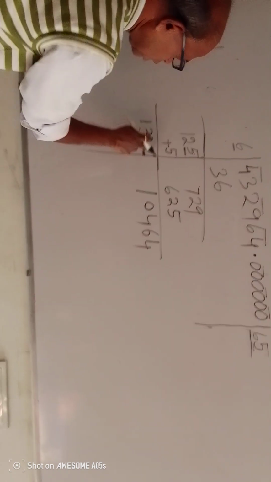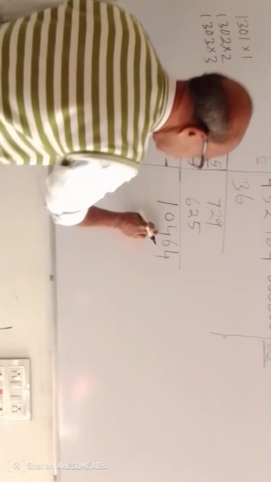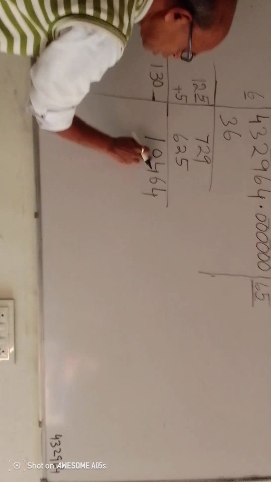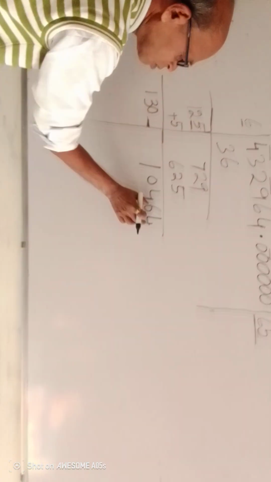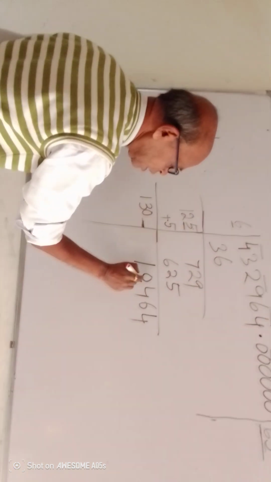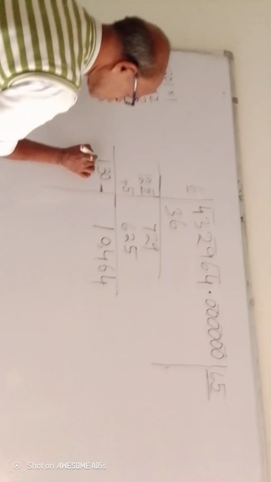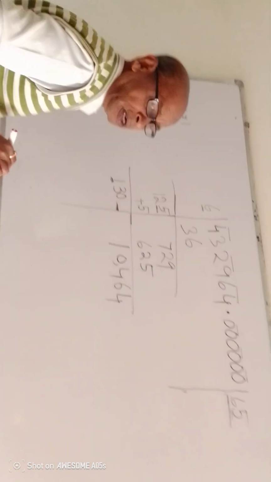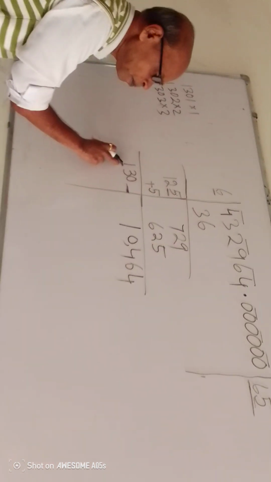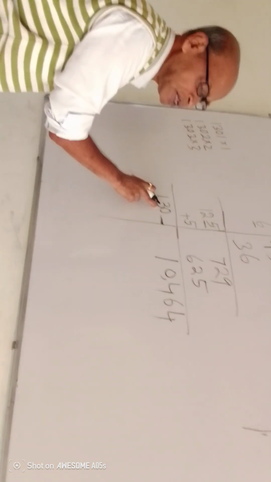Actually you see here, if I put a digit here, it will become 4 digits, and this is actually 5 digits. Now I will consider this as 4 digits, 1 2 3, and after writing a digit it will become the 4th digit. So here it is 1 and its next number is 3.